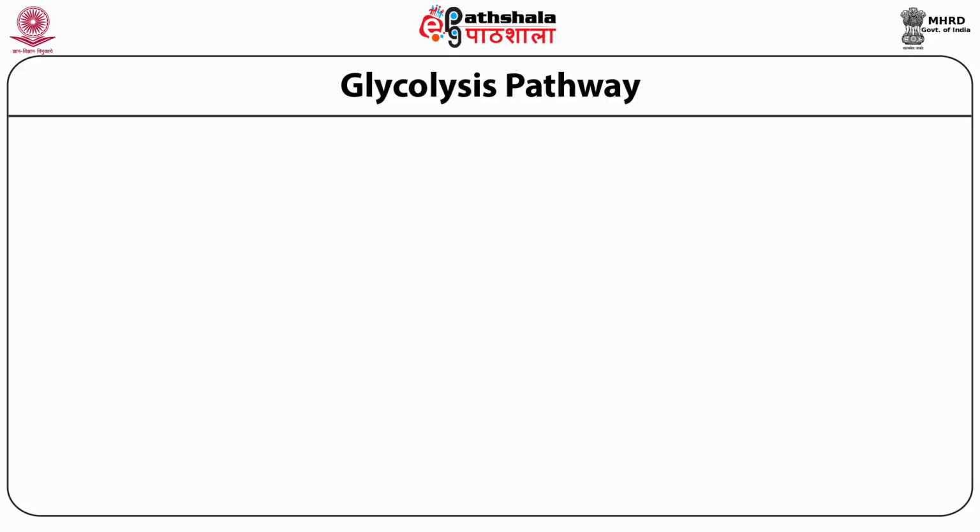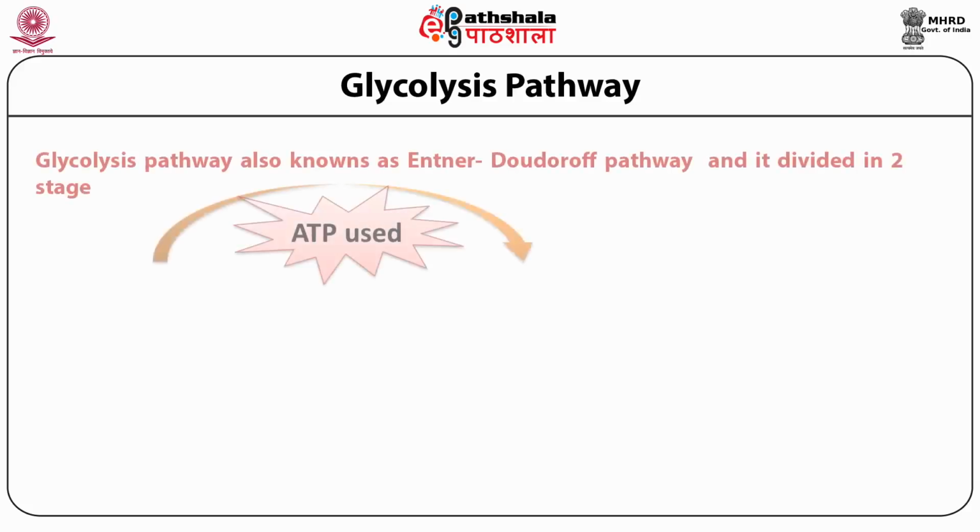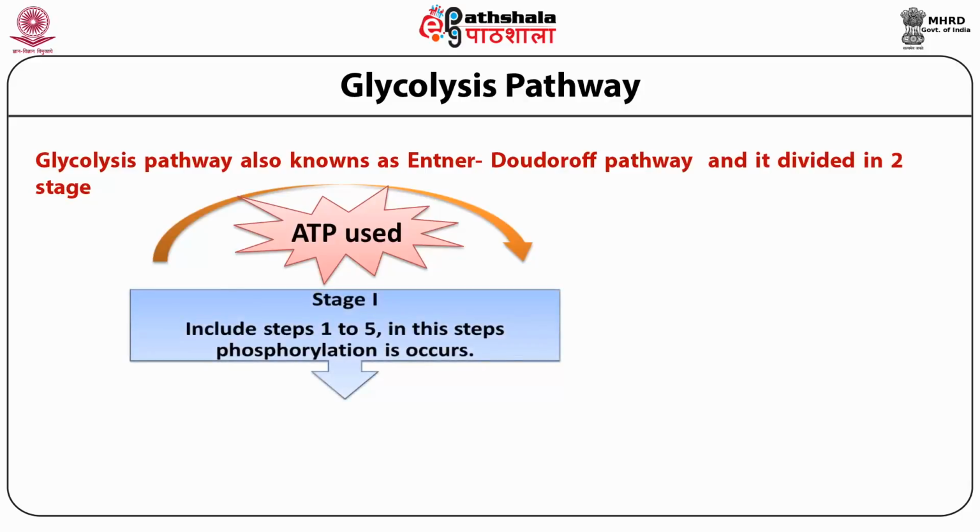As we discussed, glycolysis has two phases. In the first stage, steps 1 to 5, phosphorylation occurs and glucose is converted into two molecules of triose, glyceraldehyde 3-phosphate, and in this stage energy, that is ATP, is consumed.